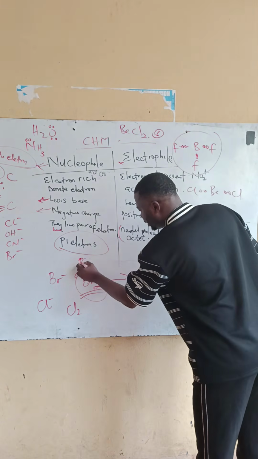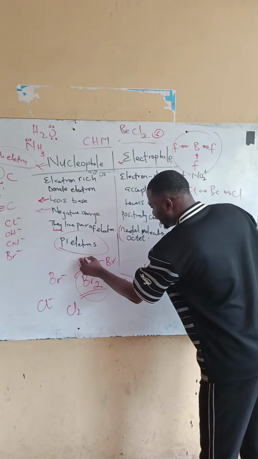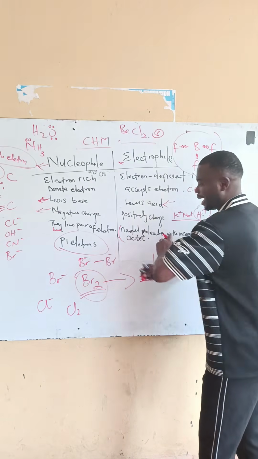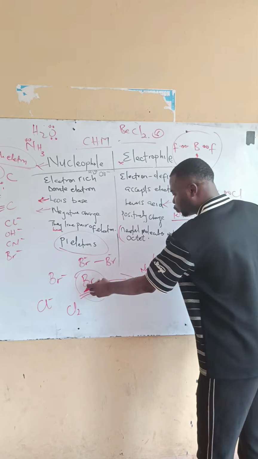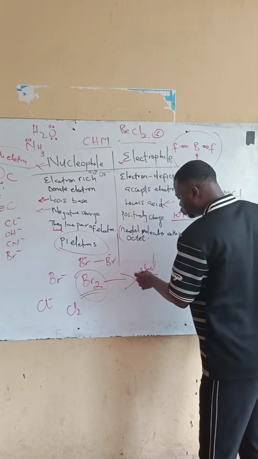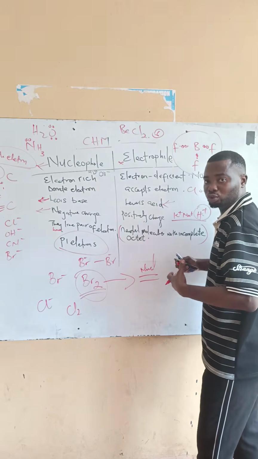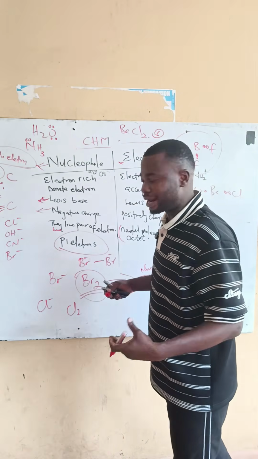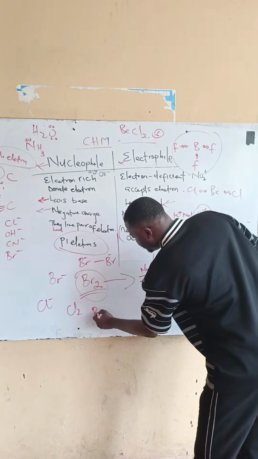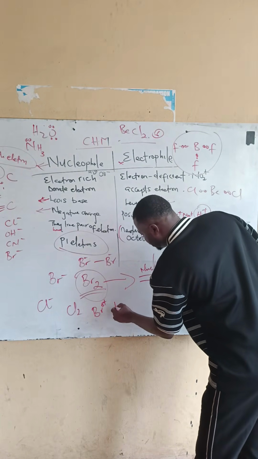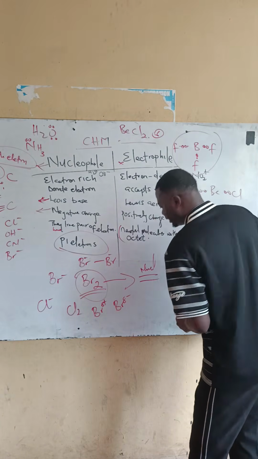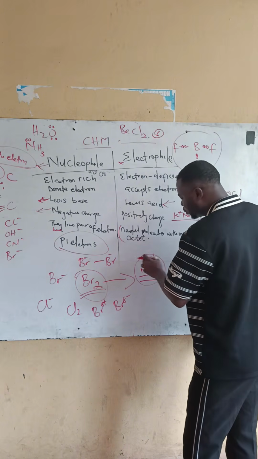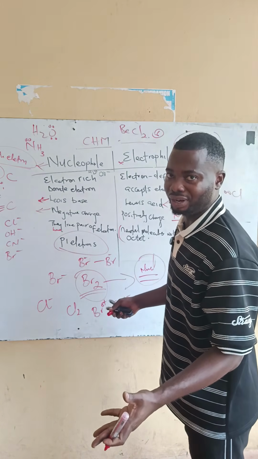Normally, Br2 is Br attached to Br, and they are neutral. Br2 is neutral, but by the time you move Br2 closer to a guy that has much electron, it will make this Br2 easily polarize. Polarize means you start having Br partial positive and Br partial negative. What caused this? Because you move it closer to a nucleophile already.